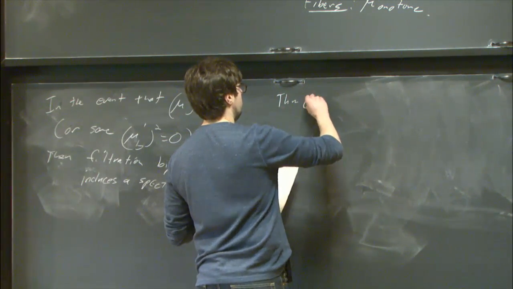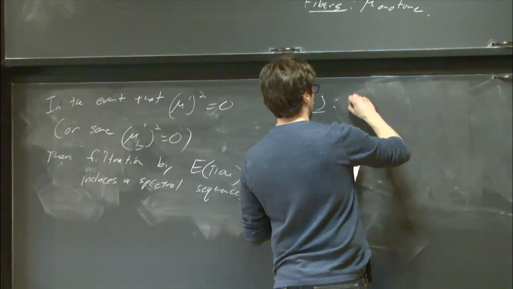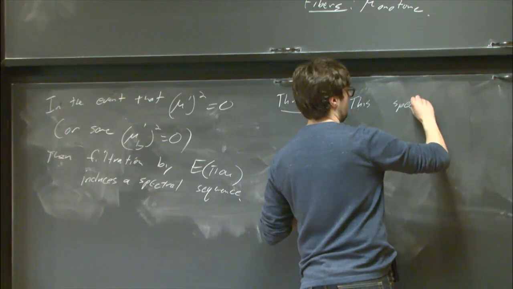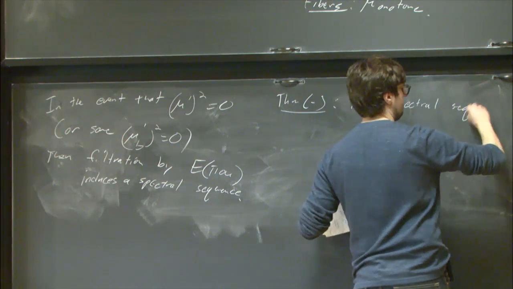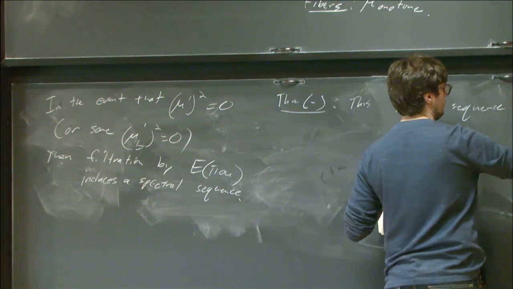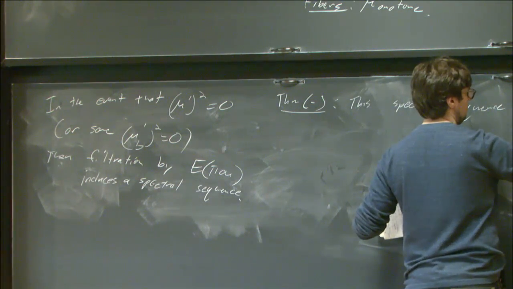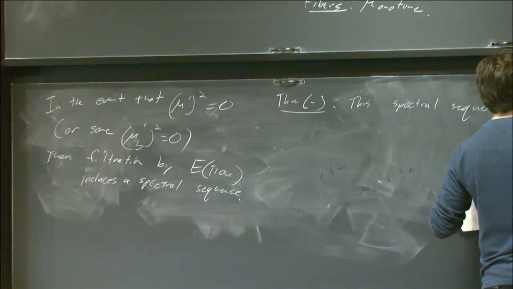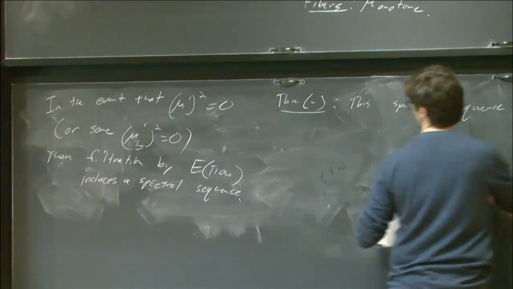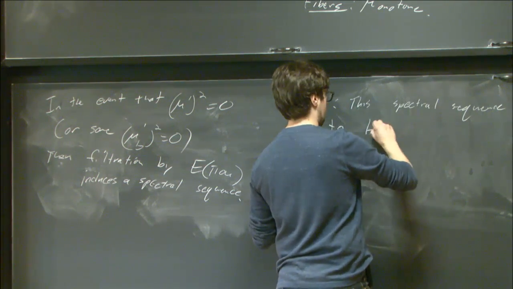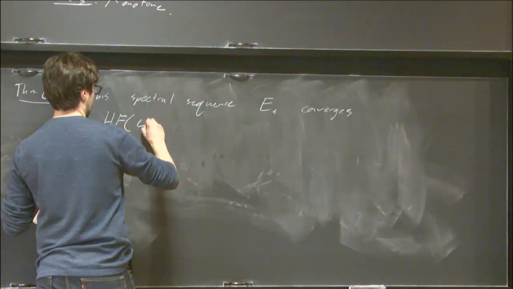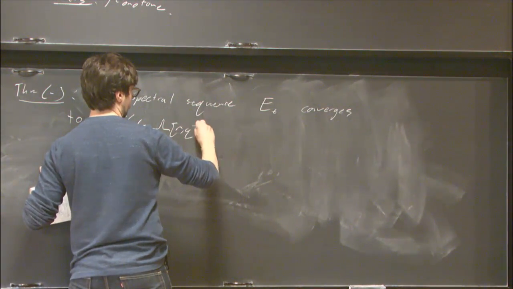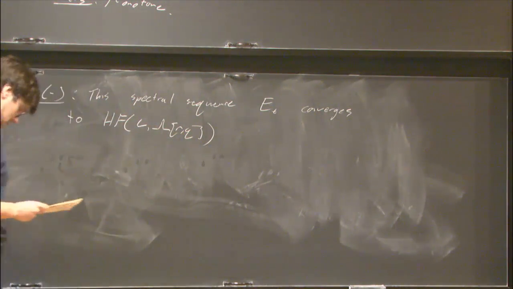So theorem, this spectral sequence, we'll call it E sub t, converges to HF of L, but with Novikov Q and R coefficients.